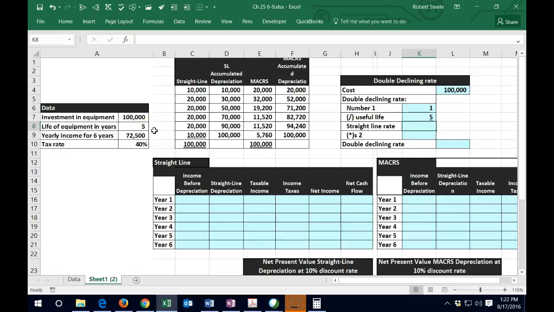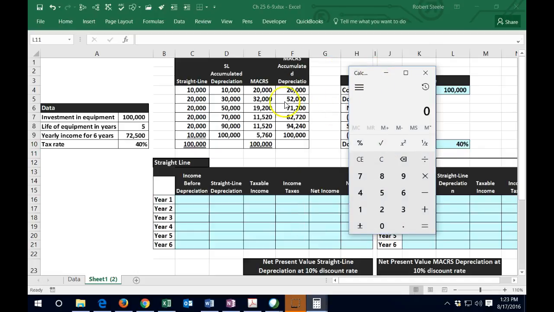If you take 1 divided by the number of years, that gives you the rate. So I'm going to say this equals 1 over 5 years, and that means the straight line rate is 20%. Note that that is already formatted as a percentage. And then if we multiply that times 2, that's the double declining rate. So the 20% times the 2 gives us a 40% double declining rate.